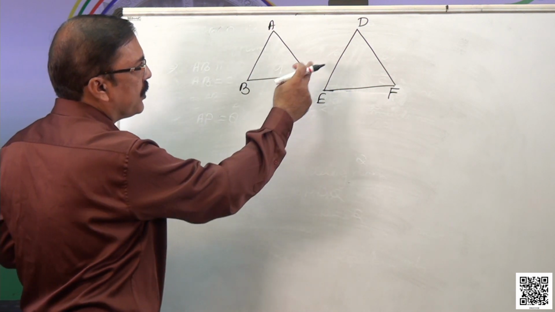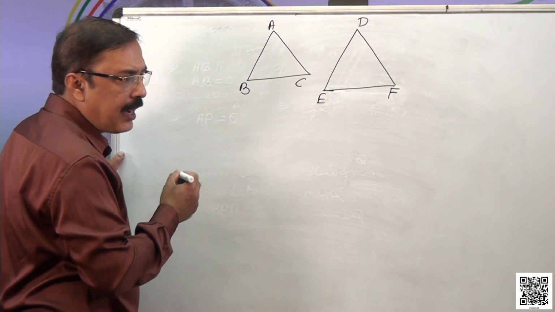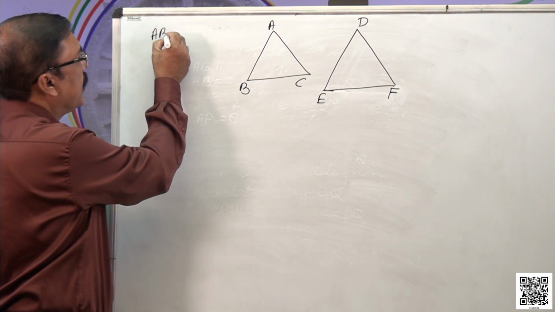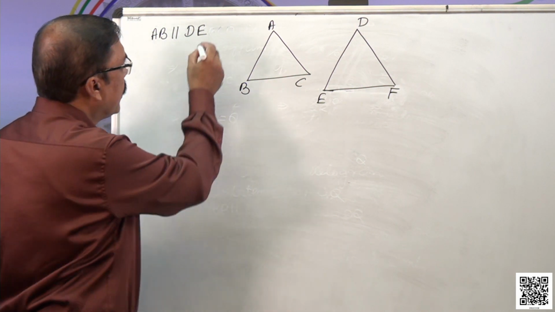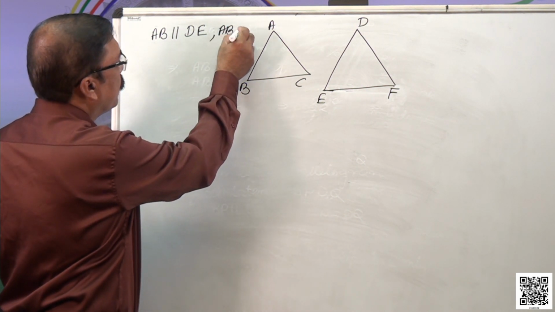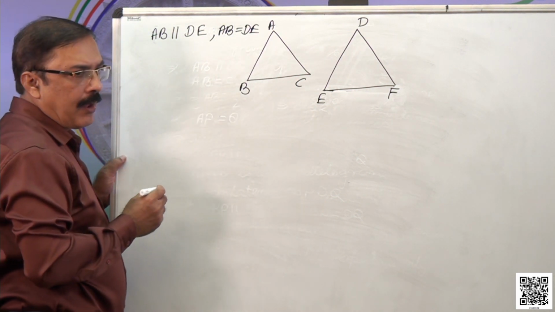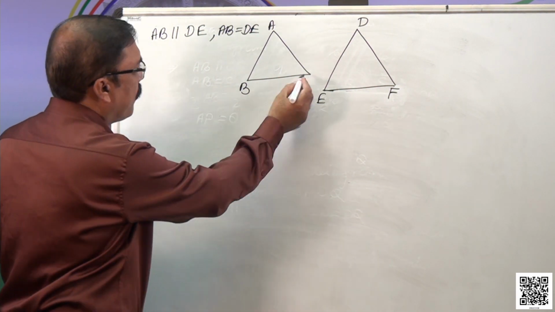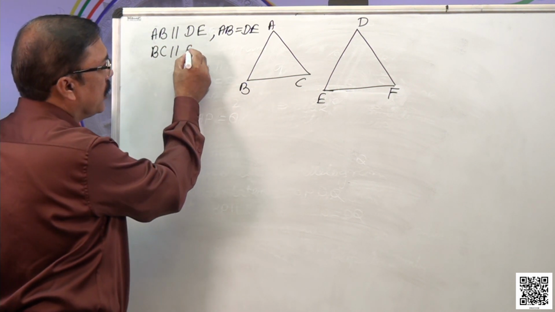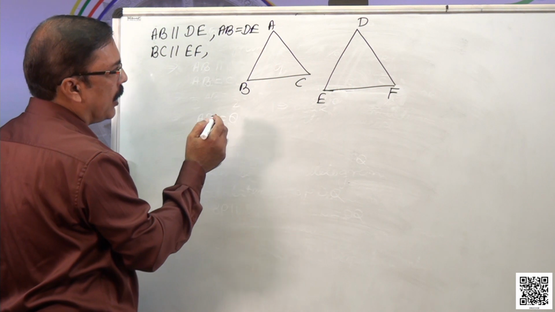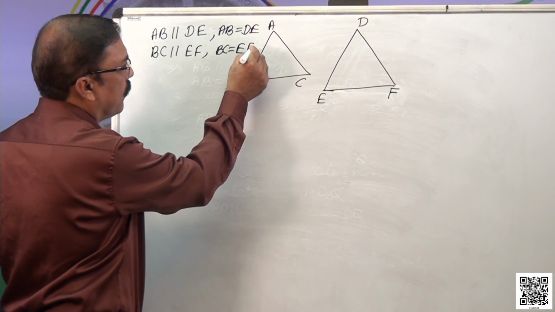In triangles ABC and DEF, we are given that AB is parallel to DE and AB is equal to DE. We also have BC is parallel to EF and BC is equal to EF.